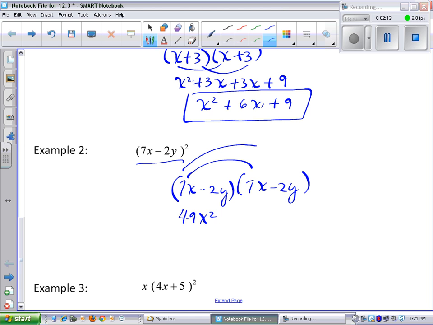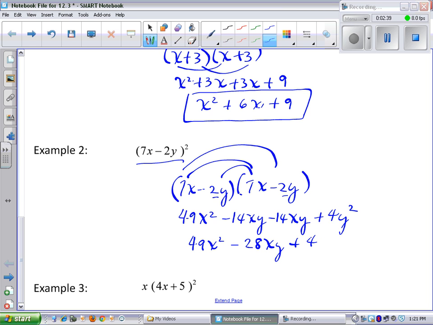The outside gives me negative 14xy, and the inside gives me negative 14xy. And then I have negative 2y times another negative 2y, which gives me plus 4y squared. So when I combine the like terms, I'll have 49x squared. Negative 14 and negative 14 would be negative 28xy plus 4y squared.